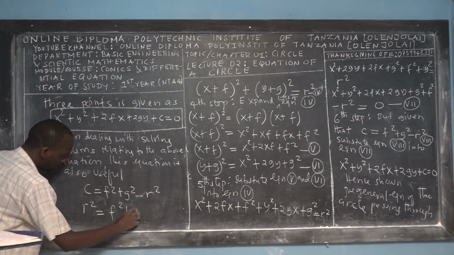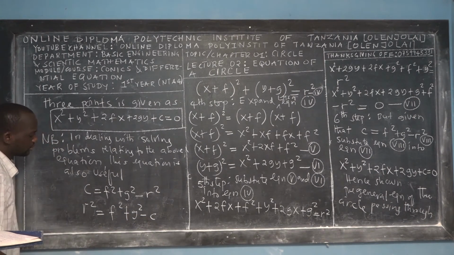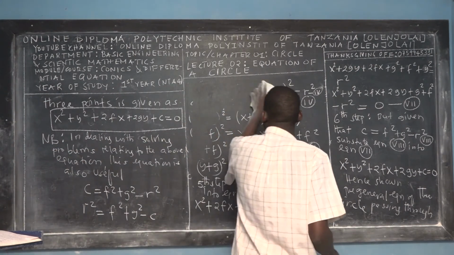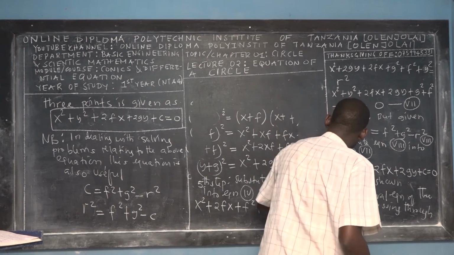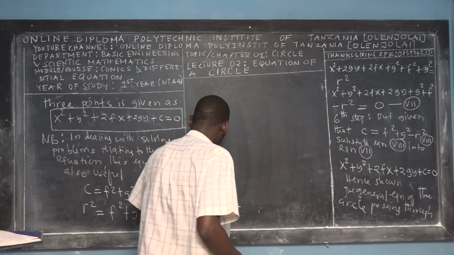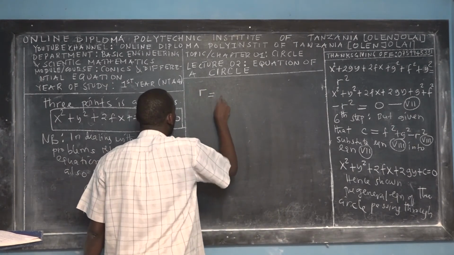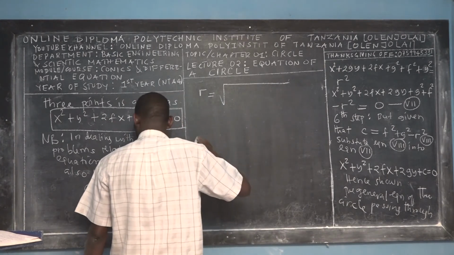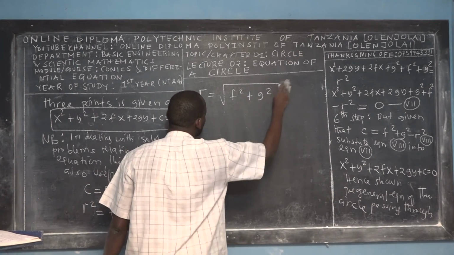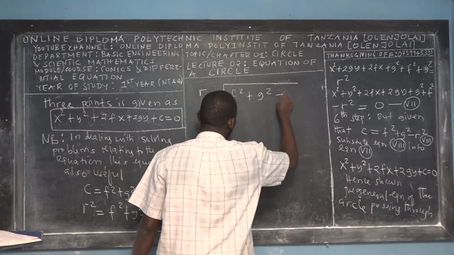F squared plus g squared minus c is the radius squared. So if you want to find the radius of the circle, it is the square root of f squared plus g squared minus c.